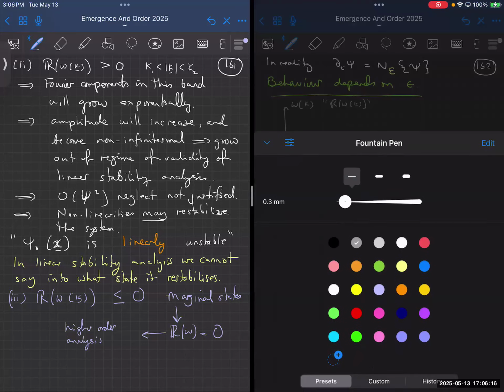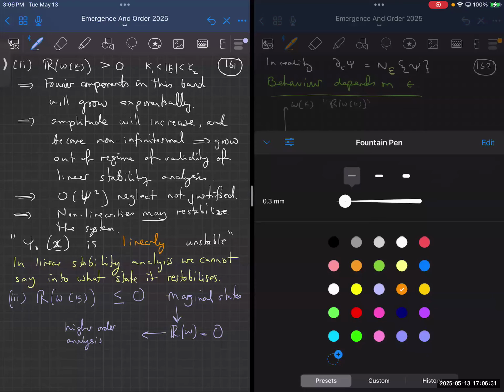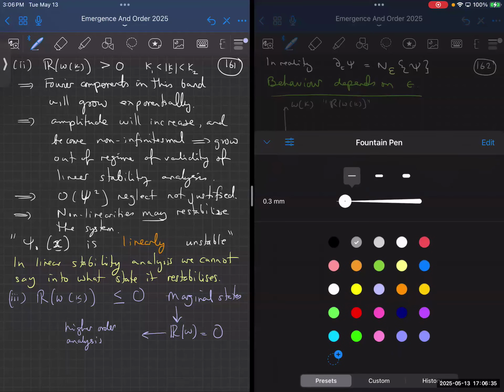So what we've seen is that if epsilon is less than some critical value, then I might get something like this. So that would be one scenario where everything is perfectly stable. Then I may have another situation, where I can probably draw it on the same graph.